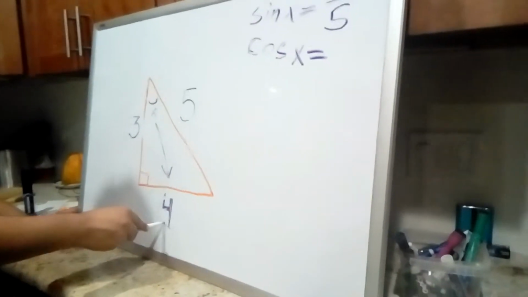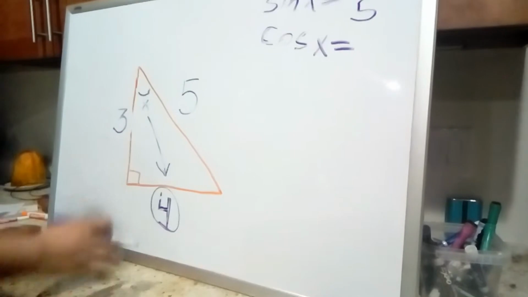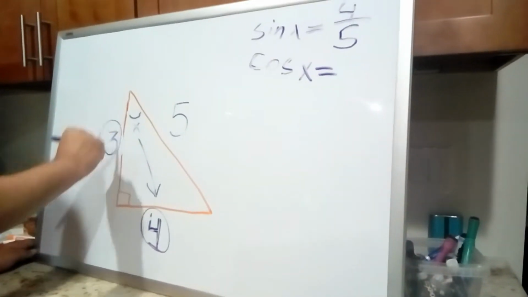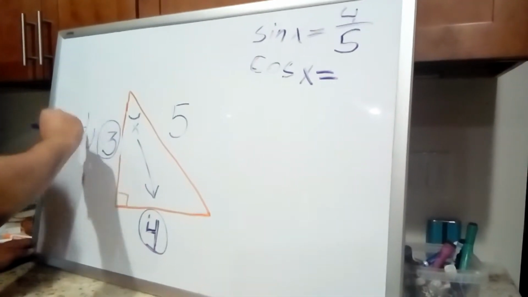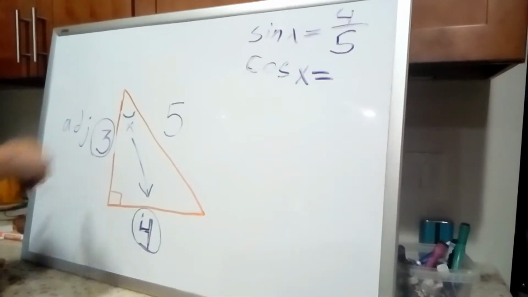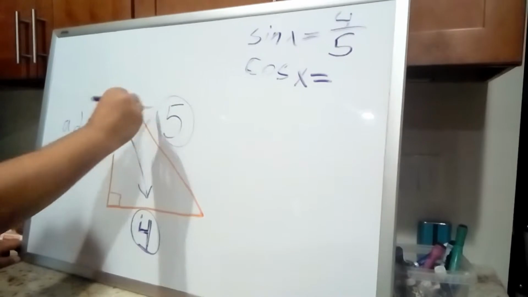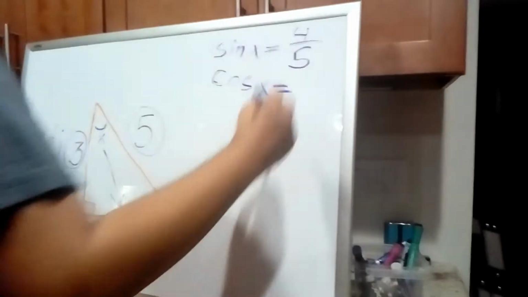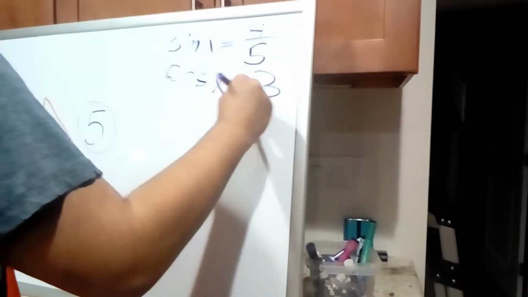So if this is an opposite for cosine, then this might be adjacent. But for cosine, it's adjacent over hypotenuse, so as for 5. So what we're going to do is 3 over 5.